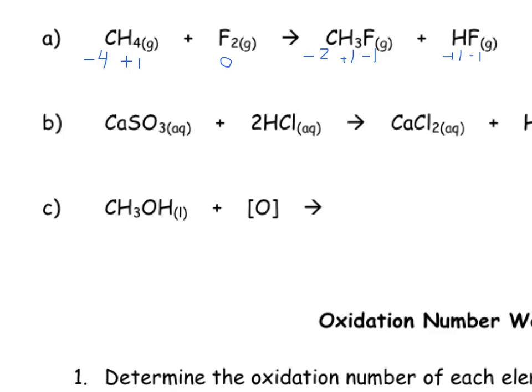In redox reactions, you'll see elements that change oxidation numbers. And this is indeed a redox reaction. We have fluorine going from a 0 to a minus 1, and we have a carbon going from a minus 4 to a minus 2. Because the oxidation number of the carbon went up, it got oxidized.